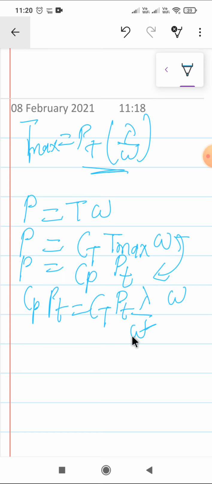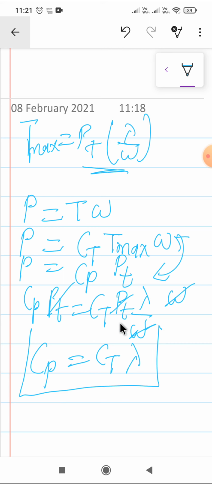So omega cancels, Pt cancels. We got the relation Cp is equal to Ct into lambda. So coefficient of power is equal to coefficient of torque into lambda.